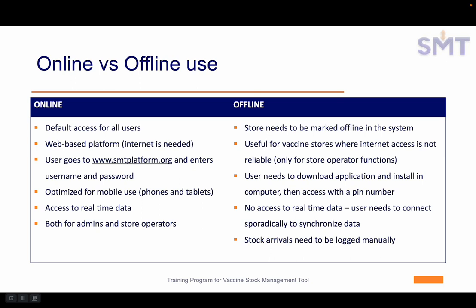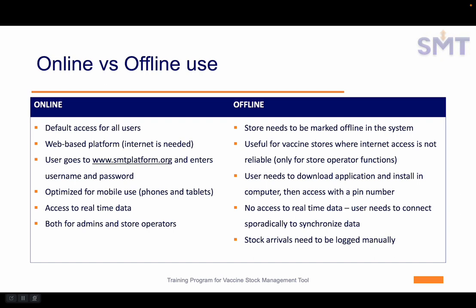The online access is the default access for all users. It is done through a web-based platform, therefore internet access is necessary. The user goes to the SMT platform, which is smtplatform.org, and enters a username and password, and through that they will be able to use the online application.